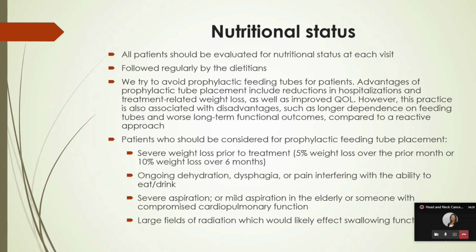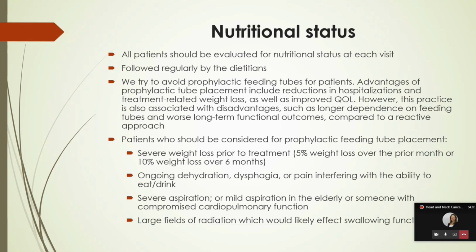However, what we do know is that putting in a feeding tube does have some disadvantages up front. That would be a longer dependency on the feeding tube and worse long-term functional outcomes compared to a more reactive approach, meaning if patients are needing a feeding tube going through treatment, then we put the feeding tube in at that point.